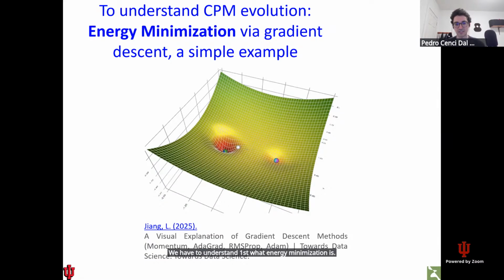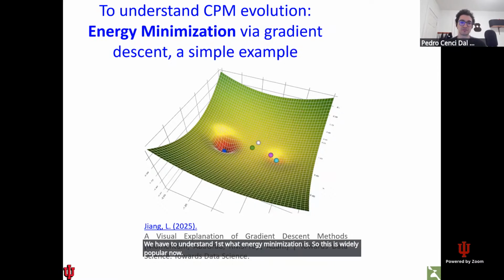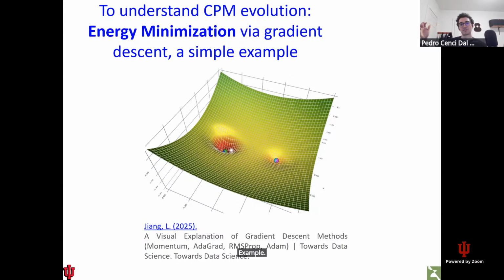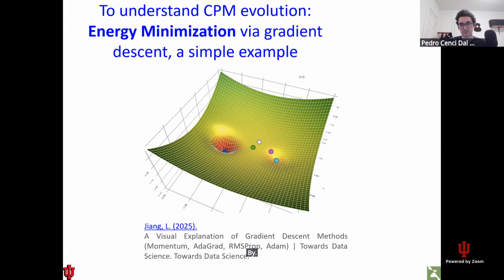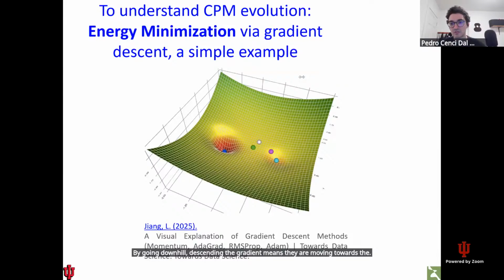This is widely popular nowadays because of machine learning, but just as a visual example, imagine there is a gravitational potential and we have all these particles descending downhill. They are trying to minimize the potential energy by descending the gradient. So by going downhill, descending the gradient means they are moving towards the slope going down.